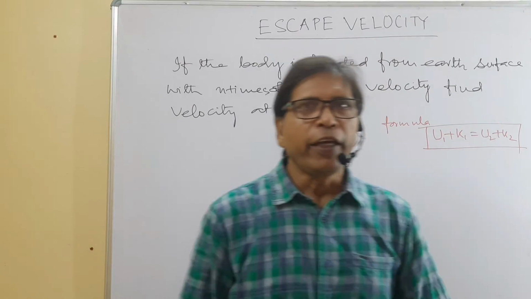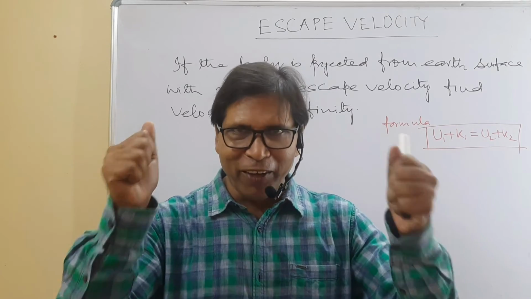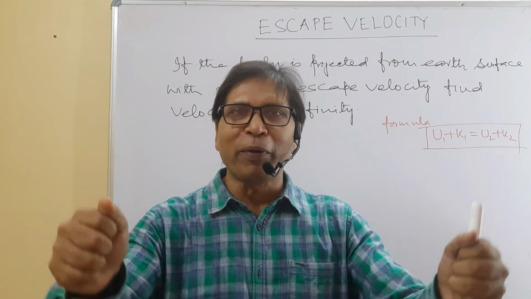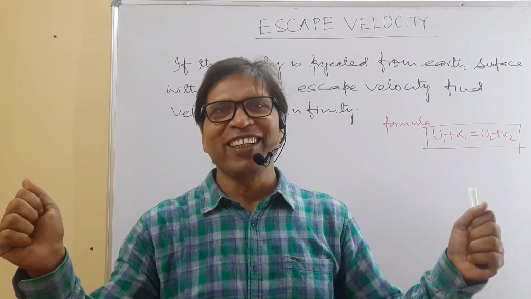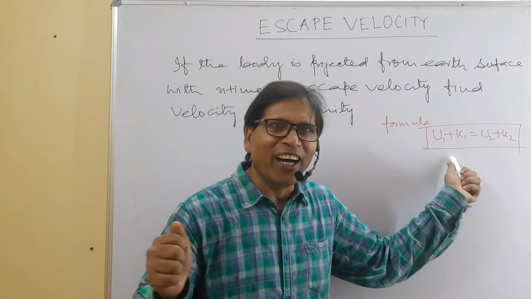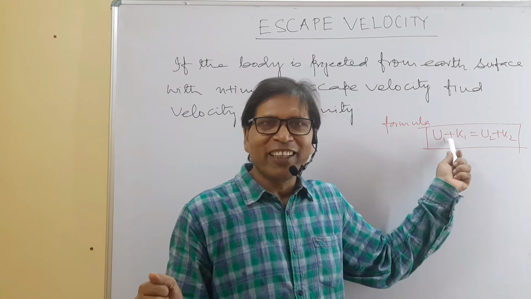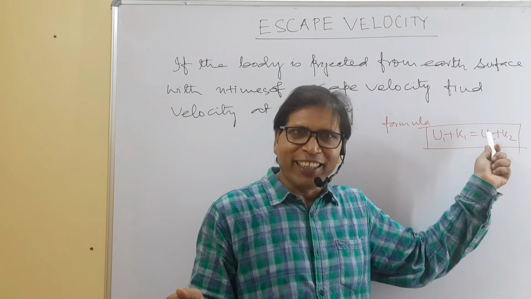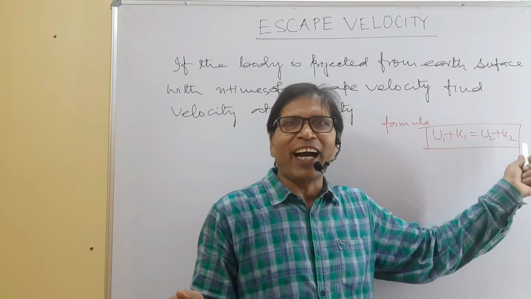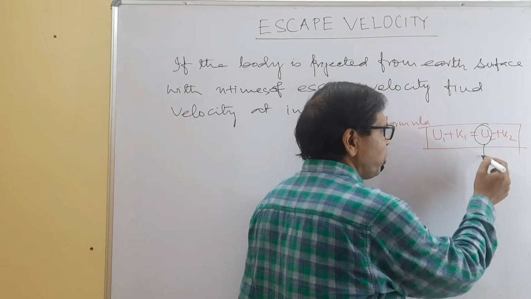Now next, a body is projected from Earth's surface with a velocity n times the escape velocity. Find its velocity at infinity. The required formula is potential energy on the Earth's surface plus kinetic energy on the Earth's surface equals potential energy at infinity plus kinetic energy at infinity. Now look at this, this is 0.